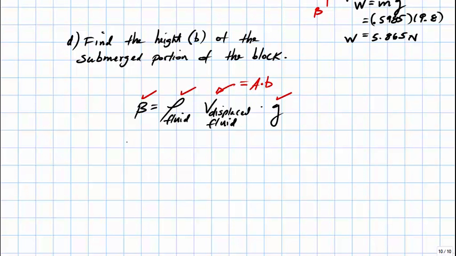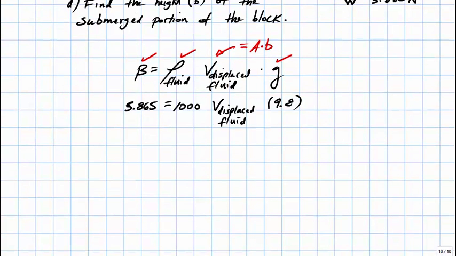The buoyant force was calculated as 5.865. The density of the fluid is 1,000. We're trying to determine the value of the volume for the displaced fluid. And G, of course, equals 9.8.